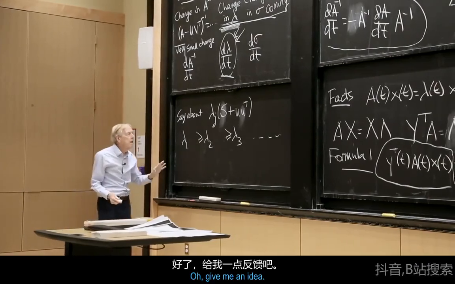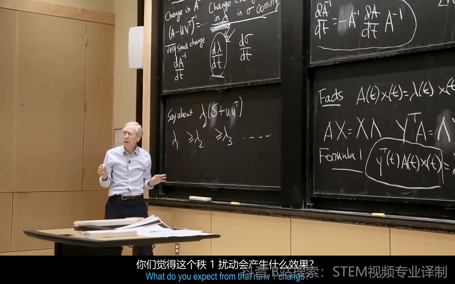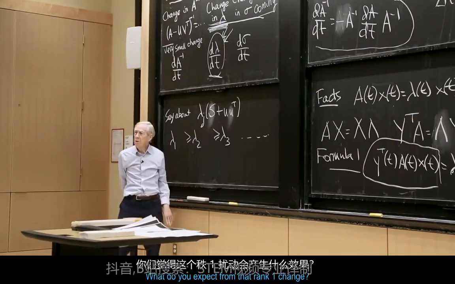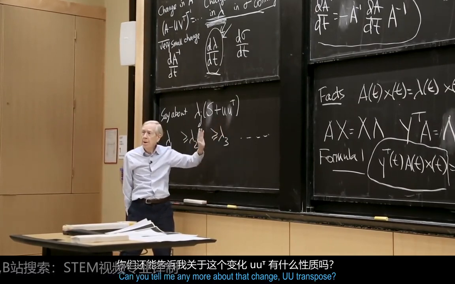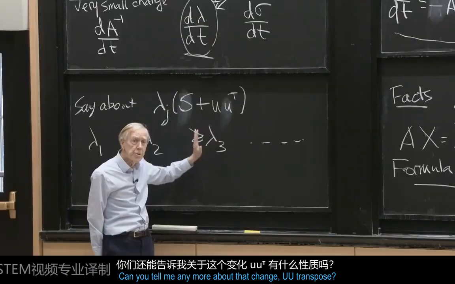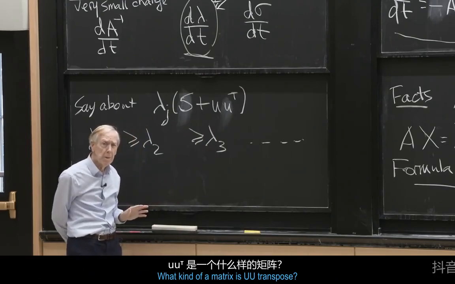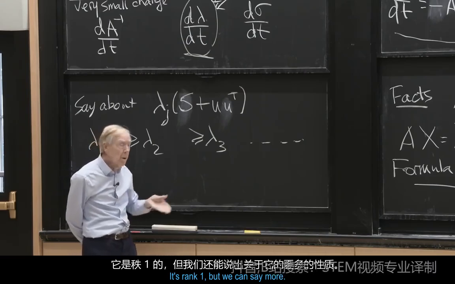Give me an idea. What do you expect from that rank 1 change? So that change is rank 1. Can you tell me any more about that change, UU transpose? What kind of a matrix is UU transpose? It's rank 1, but we can say more.